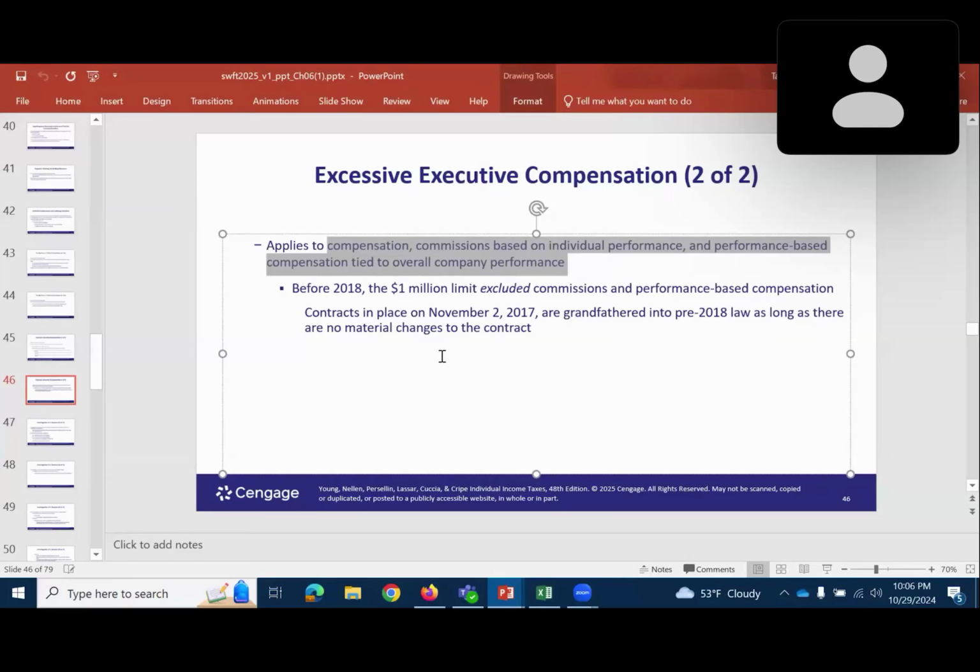I can deduct the $20 million of bonuses prior to 2017. But now, after 2018, if I gave you $20 million for your salary and $20 million for your bonus, I can only deduct $1 million in total, because they've expanded it to not just your compensation, but also to your commission and your performance-based pay.